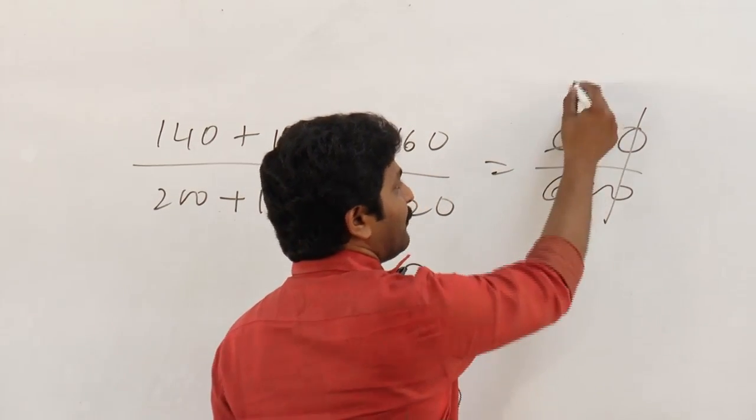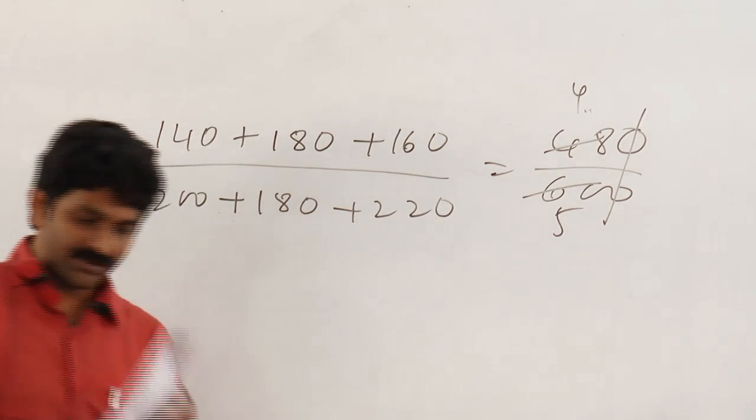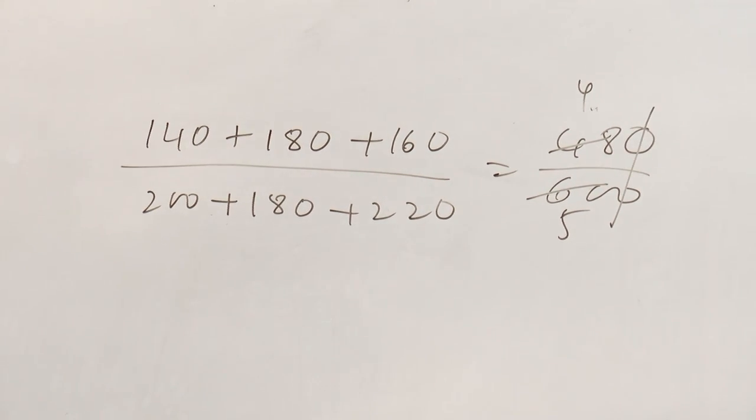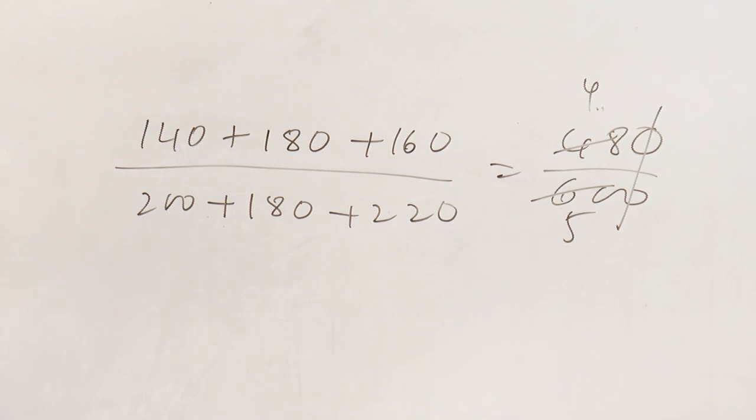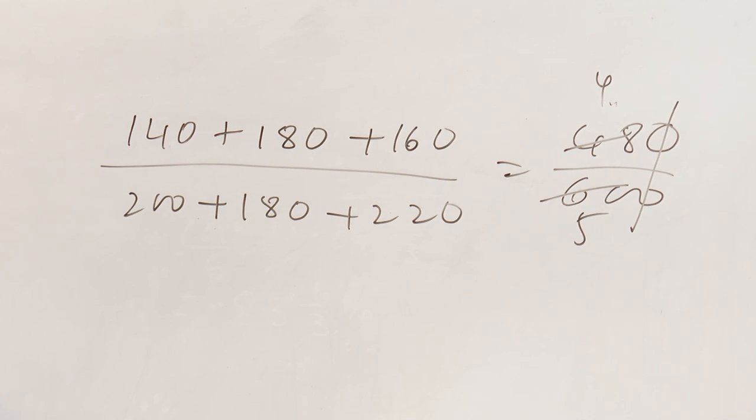The zeros cancel, 12 4 times, and this is 12 5 times. 4/5, 4:5.